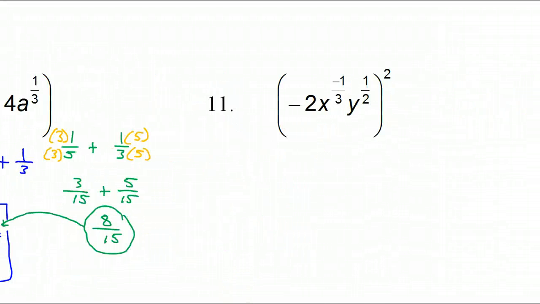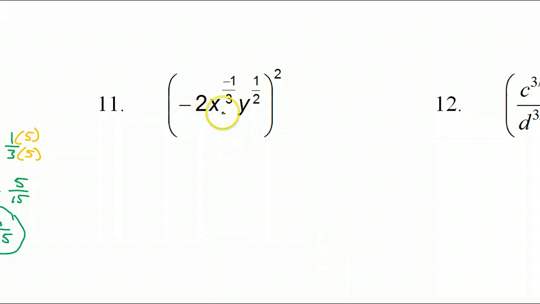Alright, number 11. There's really nothing to do on the inside. So I'm going to go ahead and apply this second power to everything. Now if I do -2 to the second power, that is going to be +4. Now for these variables, a power to a power, you multiply.